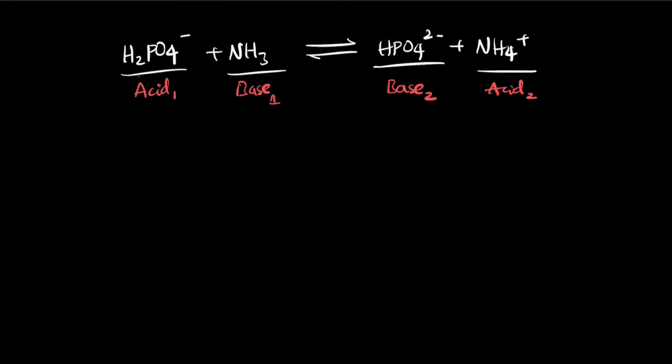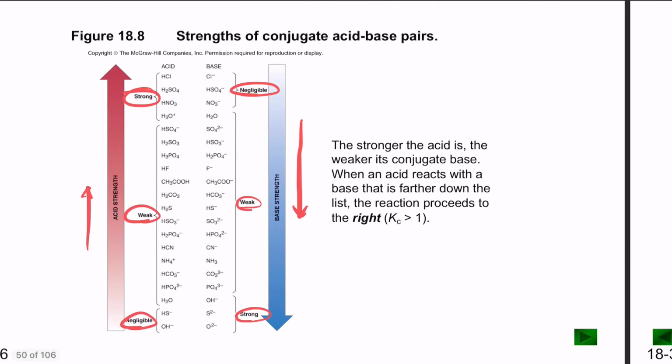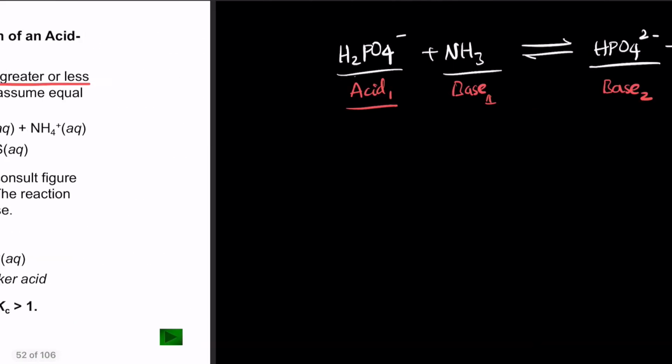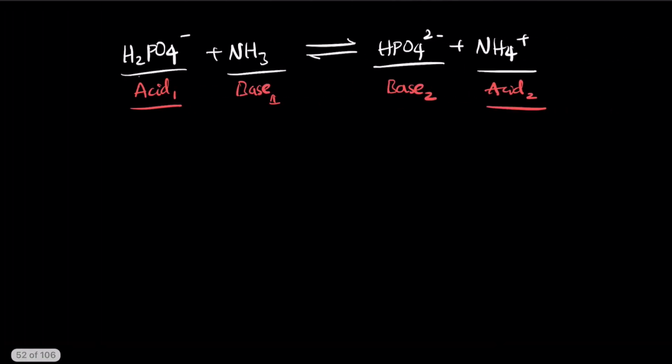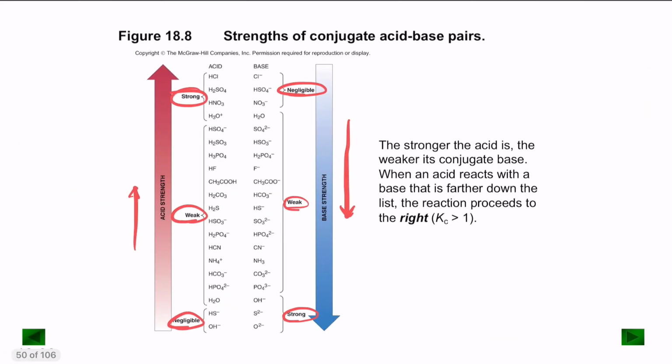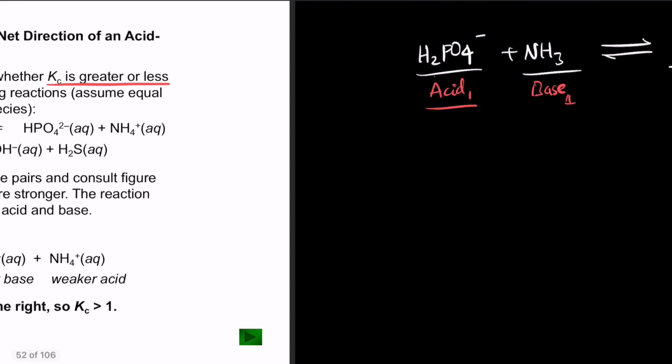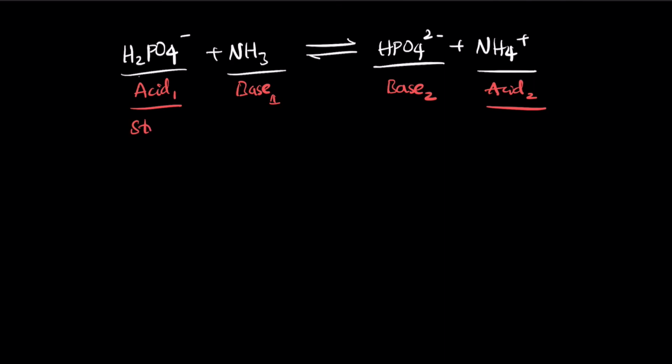Now to compare, we have to compare acid 1 with acid 2 from the table. So we are comparing two acids, H2PO4 minus and NH4 plus. Notice that this is in increasing acid strength, which means that H2PO4 minus is stronger than NH4 plus, which means that this is stronger and this is weaker.